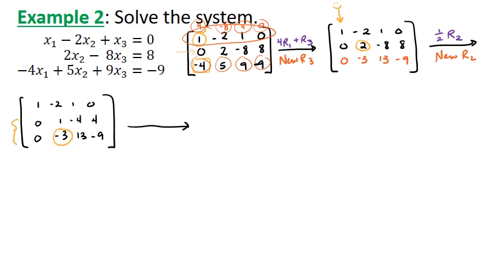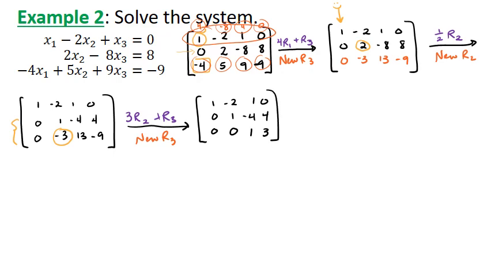So I'm going to take 3 times row 2 and add it to row 3. This will become my new row 3. Okay, so row 1 stays the same, and so does row 2. Row 3 becomes 0, 0, 1, 3.